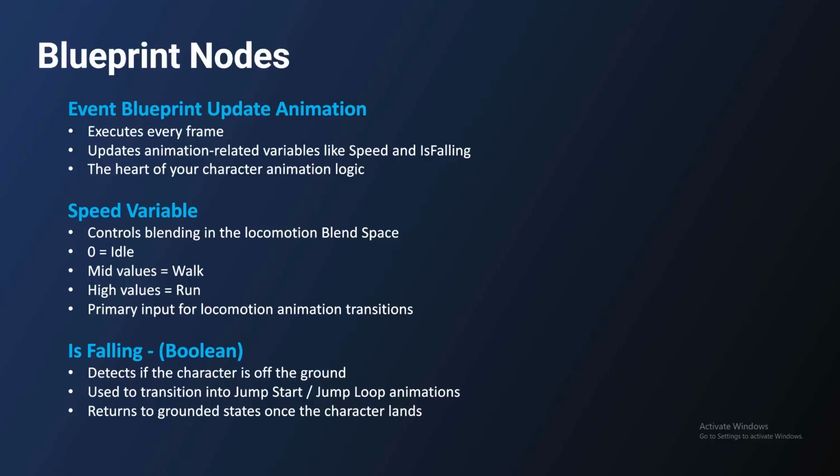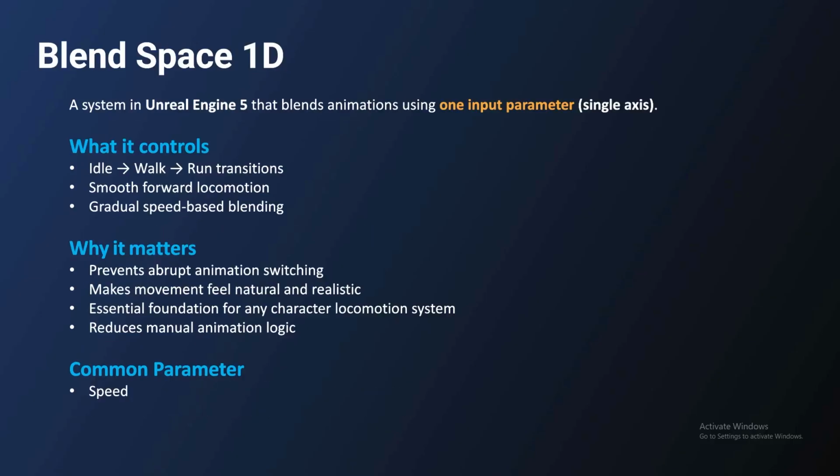Now, we were talking about blend spaces. We have two options in blend spaces, blend space and blend space 1D. Blend space 1D is a system which blends animation using only one input parameter, a single axis, which is usually useful for speed.